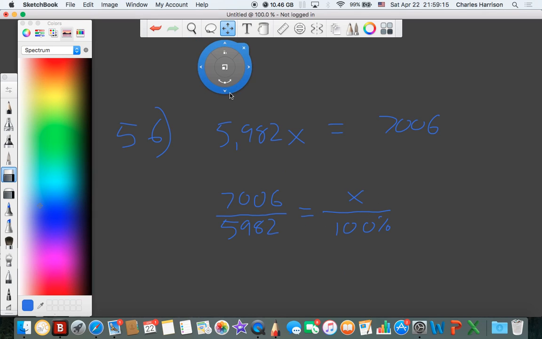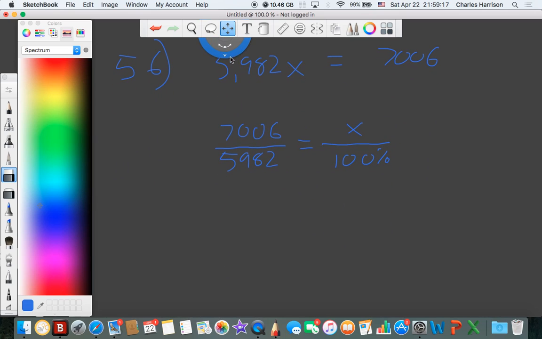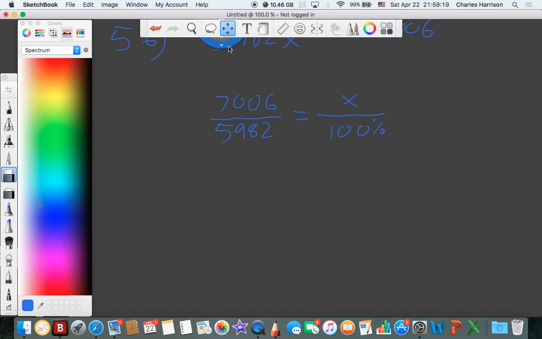So let's go ahead and do that. Basically, we want to know what the factor is. All right, so 100 times this, and cross multiplication, like so.